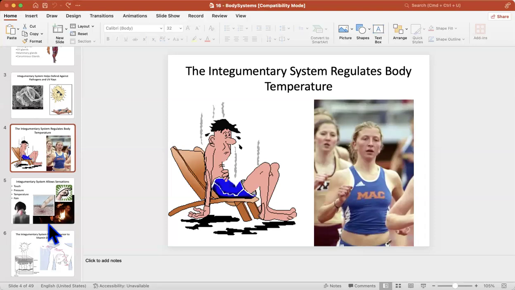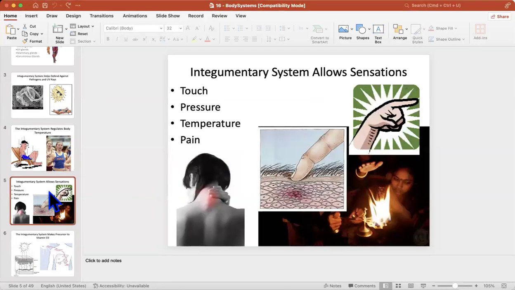When you sweat, sweat is mainly water. When the water goes to the surface of your skin and turns into vapor, you have to break down the hydrogen bonds between the water molecules, and it brings your body heat away. That's how sweating cools you down.